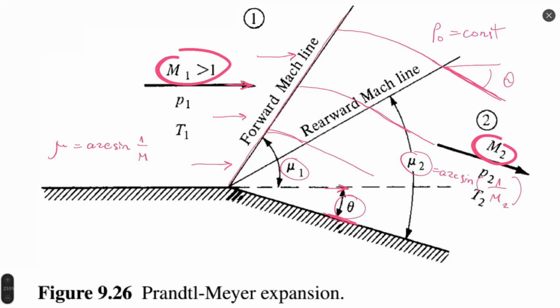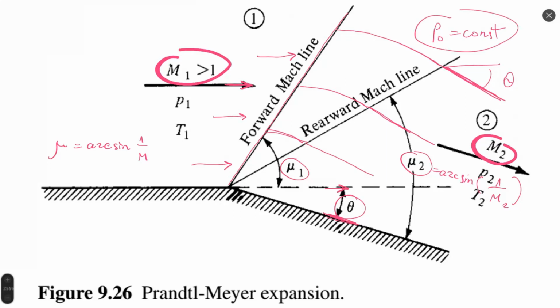Changes happen only between forward Mach line and rearward Mach line, between these two lines. And this change is continuous. This change has constant entropy, so it's isentropic flow. So it means that it can be considered as reversible flow. And if flow goes in other direction, okay, it's possible to calculate backwards.